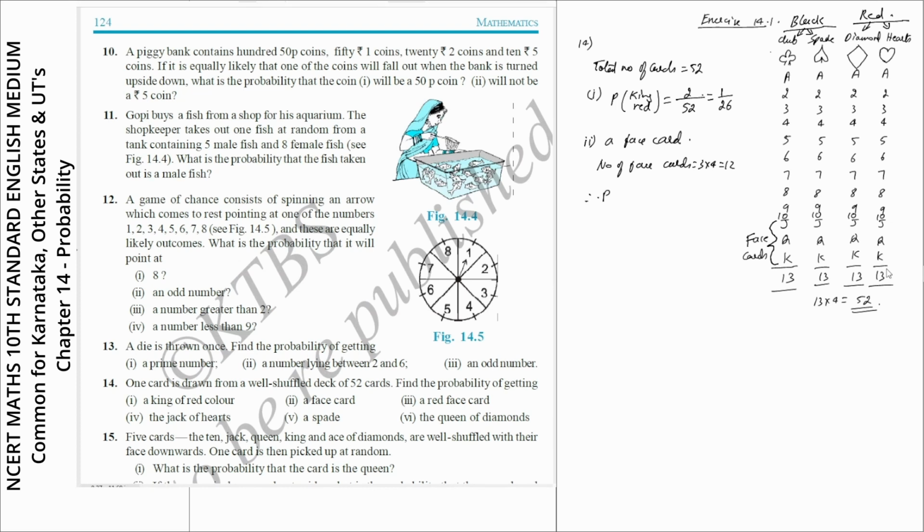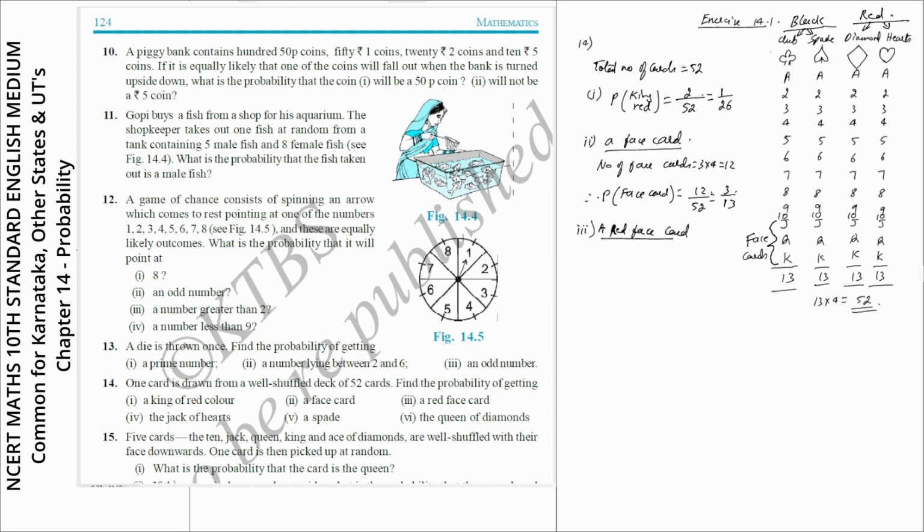Therefore probability that a face card is picked is equal to 12 divided by total number of cards, that is 52. So here we can simplify. Okay, it is divisible by 4. 4 3s are 12, 4 1s are 4, then 4 13s are 52, so 3 by 13.